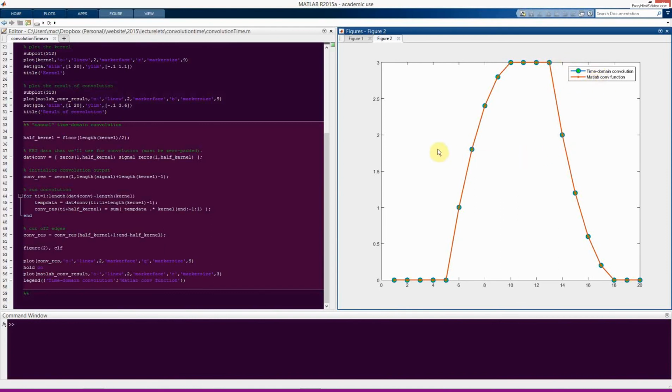So the most important thing to remember from this video is that the length of the result of convolution is m plus n minus 1. That's very important. In the next video, or in the near future, we are going to discuss how convolution works through the frequency domain, and I hope you found this video interesting and informative.